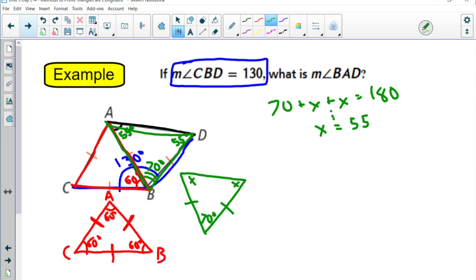Hey, that's our angle that we wanted. Measure of angle BAD equals 55 degrees. So we built our way around the shape using the angles that we knew. We made a new discovery about an equilateral triangle, that if all the sides are the same, all the angles are the same.